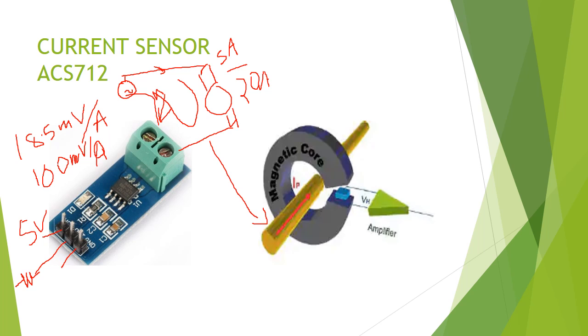Once the current flows, it will affect the magnetic field from that magnetic core, and that change will be noted and amplified with some technique. This is the amplifier, and then the output goes to the data pin. Okay, so we are giving input voltage to this amplifier as its energy.